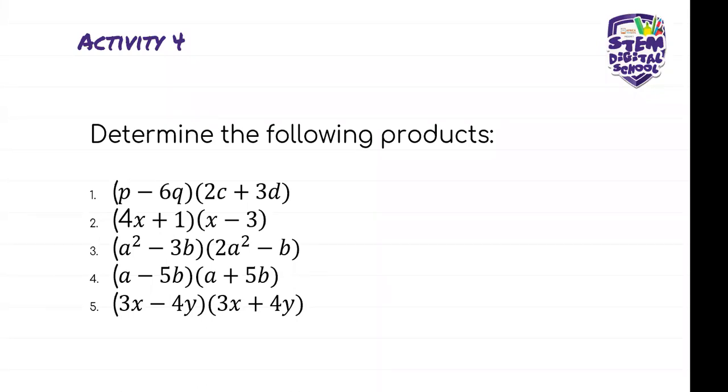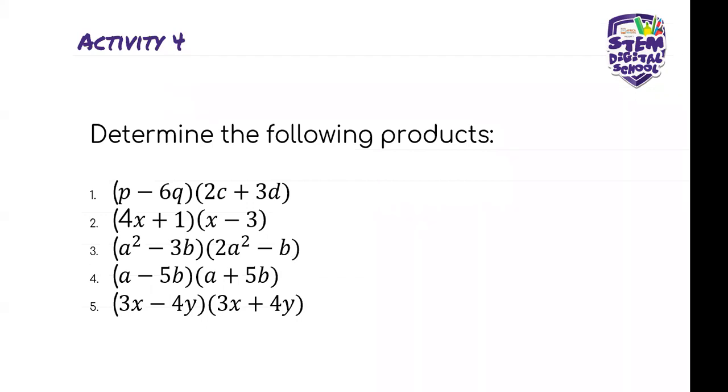I hope you also have a pen and a paper with you, and you can be able to solve this problem in the same way that we have done with the first one. Remember, you will take 4x into x minus 3, plus 1 into x minus 3, and thereafter, you simply calculate. You multiply out.